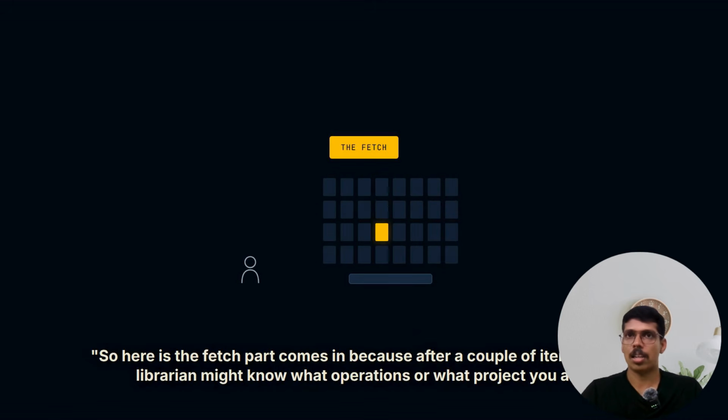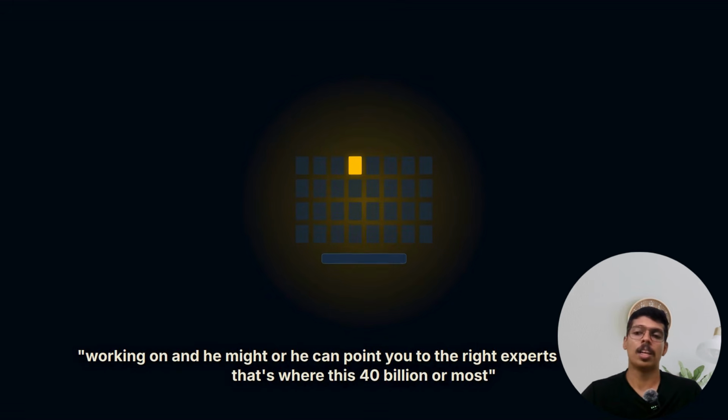So here is where the fetch part comes in, because after a couple of iterations, the librarian might know what operations or what project you are working on, and he can point you to the right experts at a time.